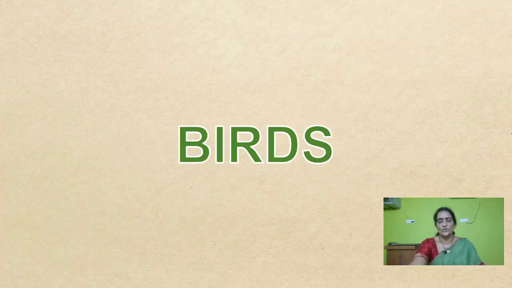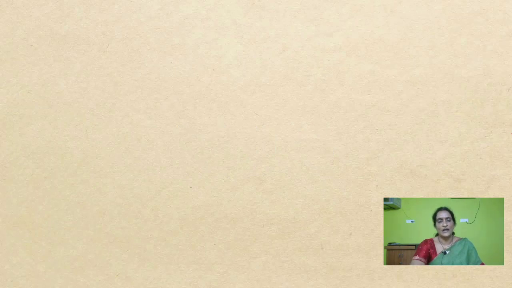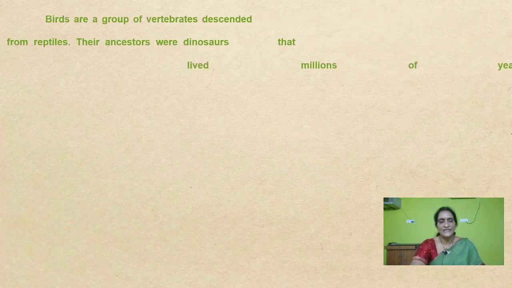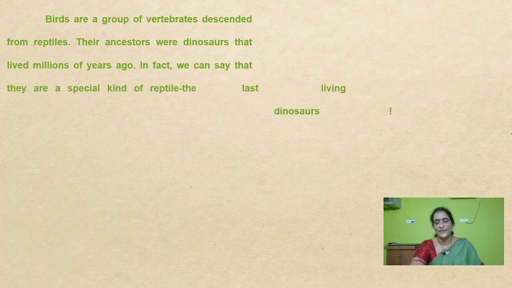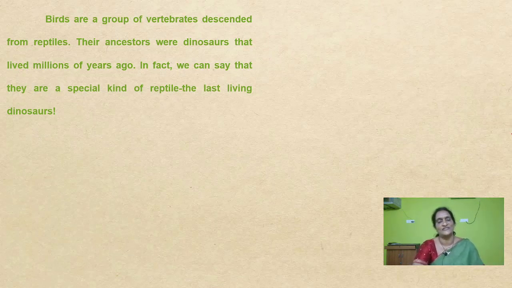And the next group of vertebrates are birds. Birds are said to be descended from reptiles. The last of those reptiles is the dinosaur, and birds came from dinosaurs. So the ancestors of birds are what? Dinosaurs, not are, it is were, because now dinosaurs are not there.